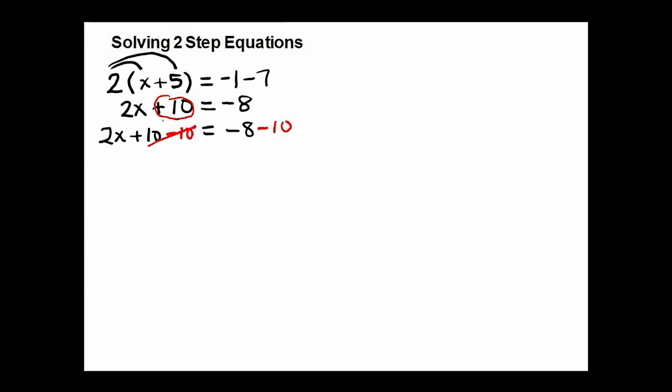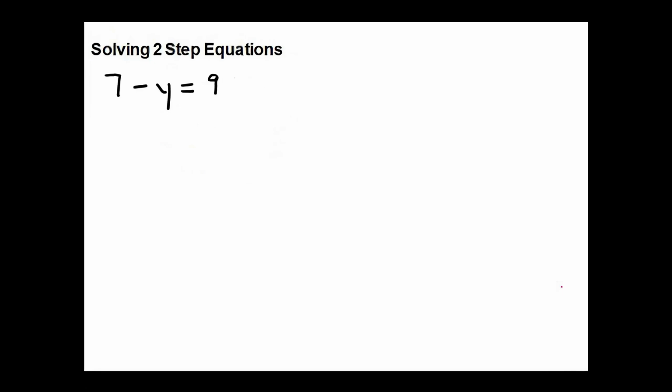Clean up. 2x equals, you have like signs on the right hand side, add and keep the sign. And then back on the left, we're going to divide out the 2. So we get x equals a negative 9.